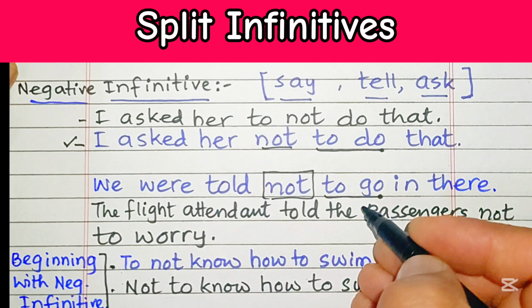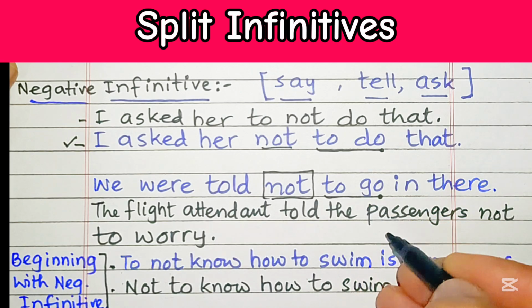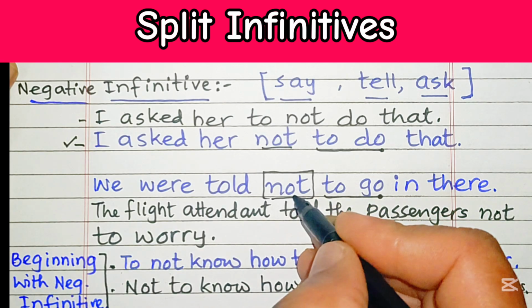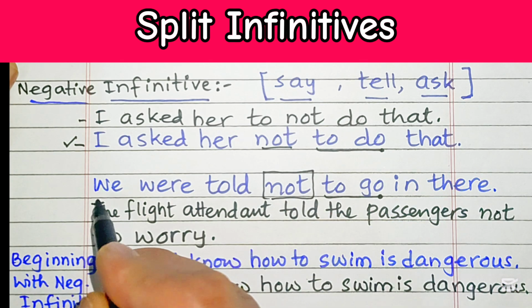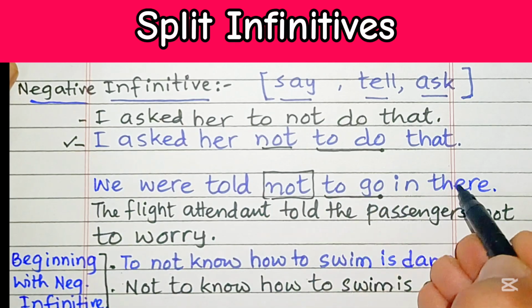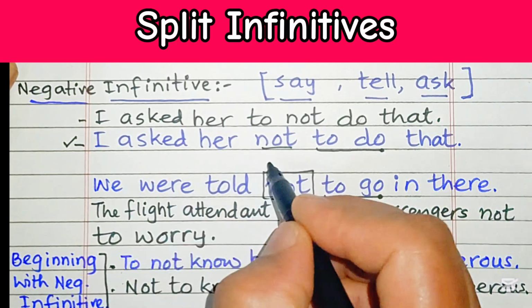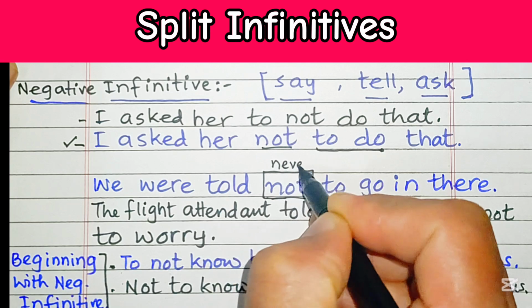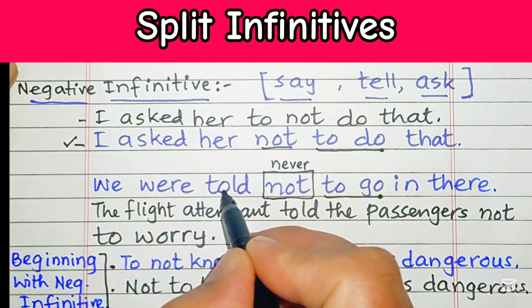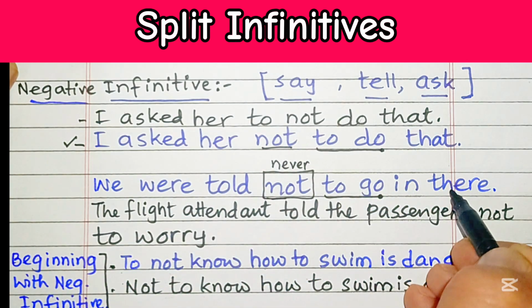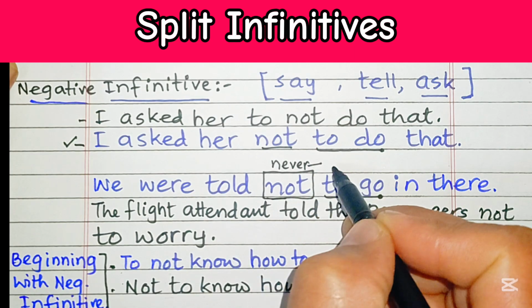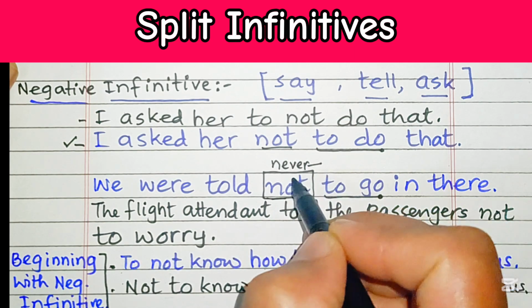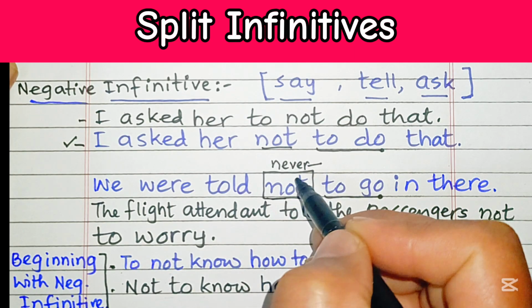We could also use the word never in place of not as a negative word. Or we may change this word not with the word never. We were told never to go in there. So this is also a negative word, and this will be okay. It sounds quite good.